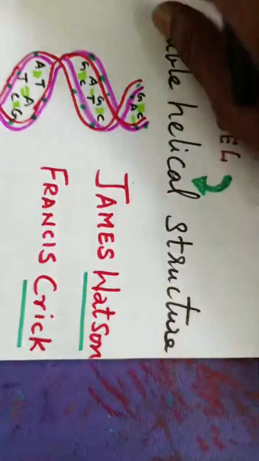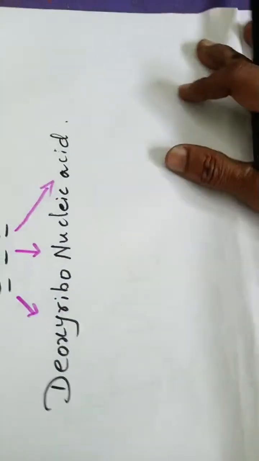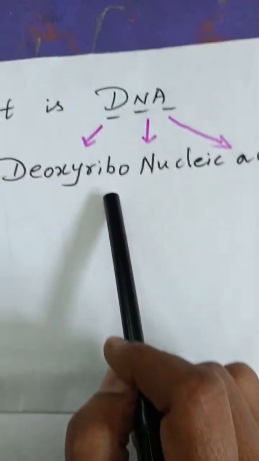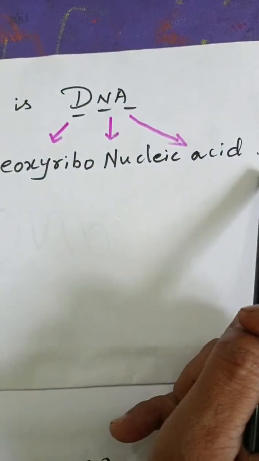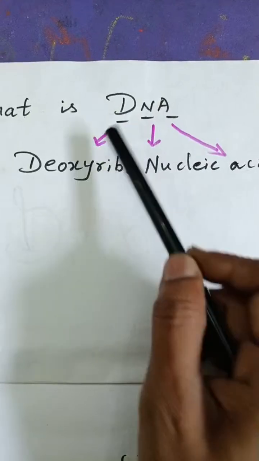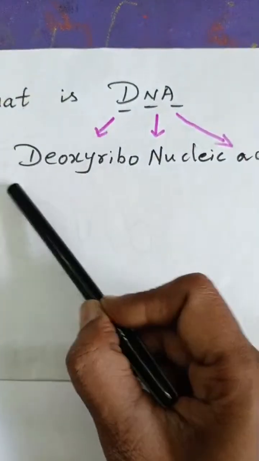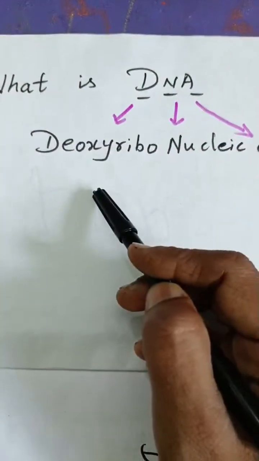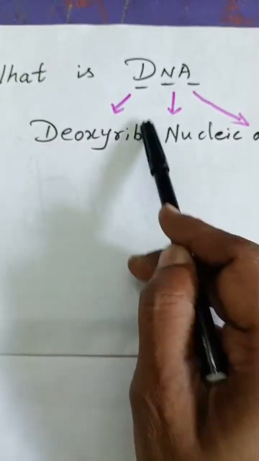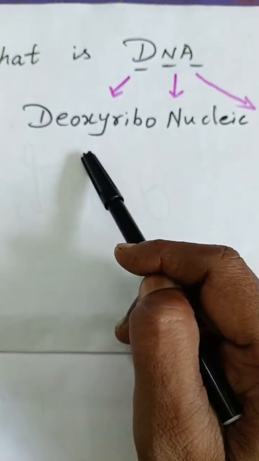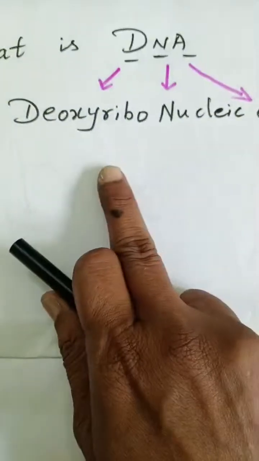Now come, let us see what is DNA. This is what we call deoxyribonucleic acid. The D stands for deoxyribo. Have you heard about oxy? Oxy means it contains oxygen, whereas deoxy is the opposite: it does not contain oxygen in its structure.